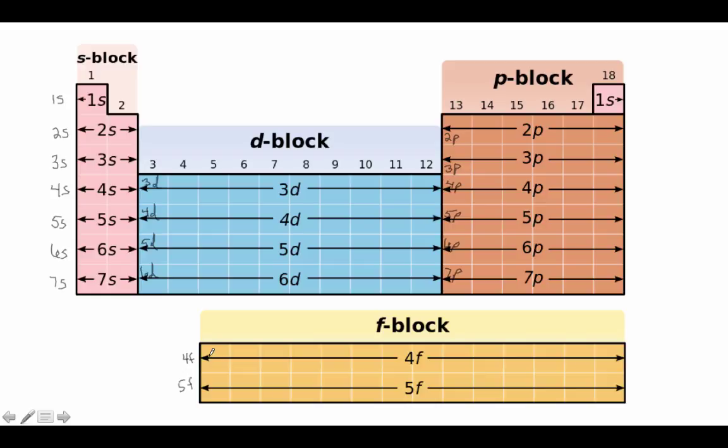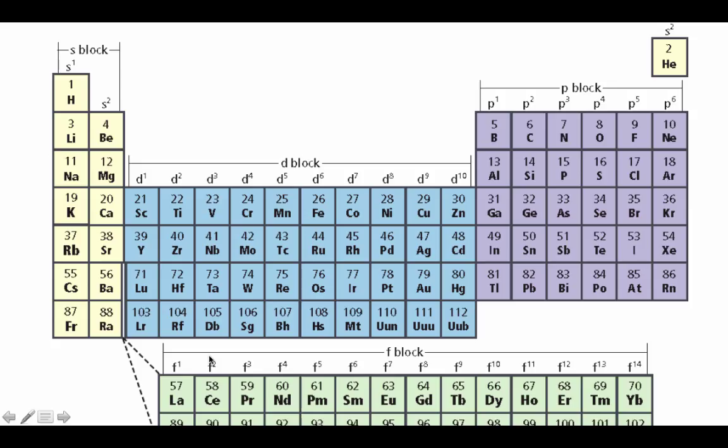The next slide shows how these things can be broken down into groups or columns on the periodic table. And what I'm going to do is go ahead and label like I had the other ones: 1s, 2s, 3s. Okay, this was a 3D, 4D.